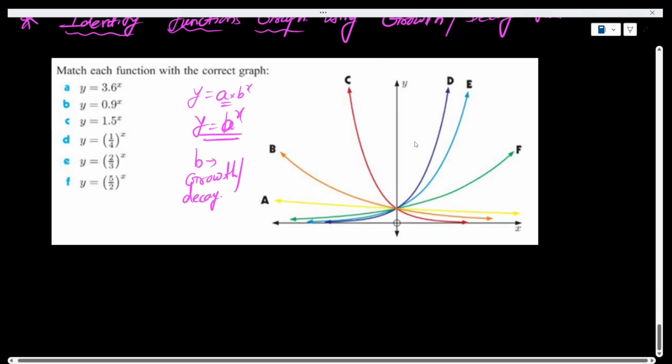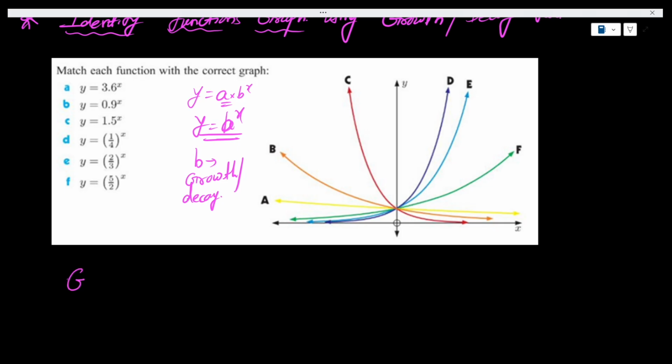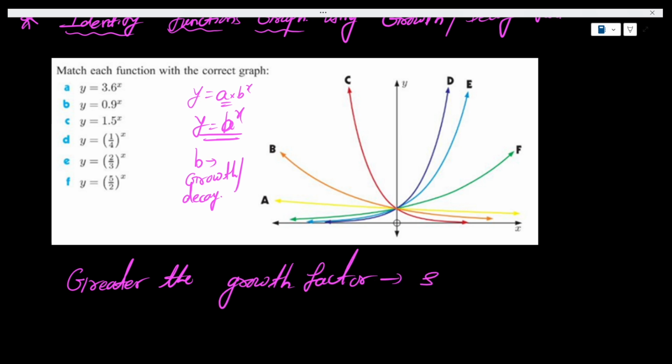So how are you going to find out which graph is representing which exponential function? Now you need to know that the greater the growth factor, the steeper the graph. And whenever the growth factor is greater, b has to be greater than 1.